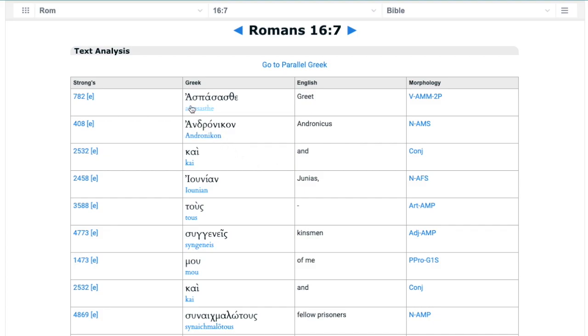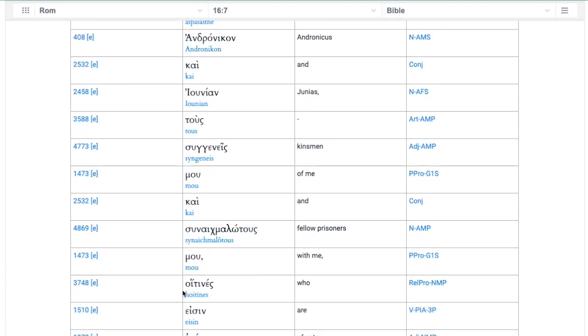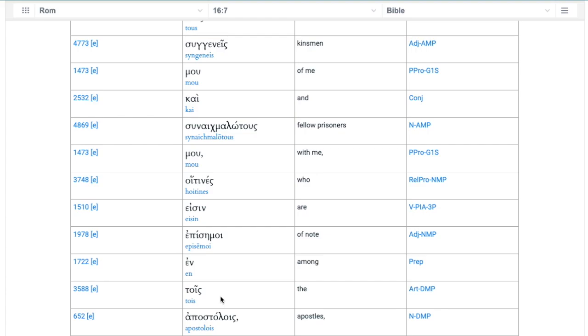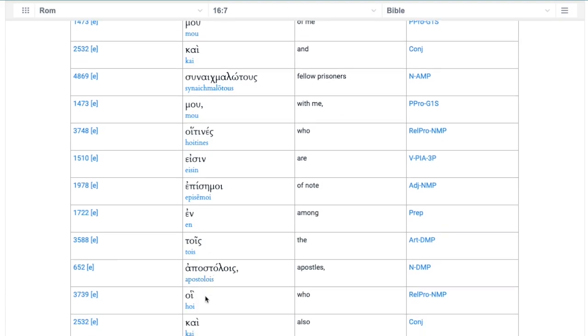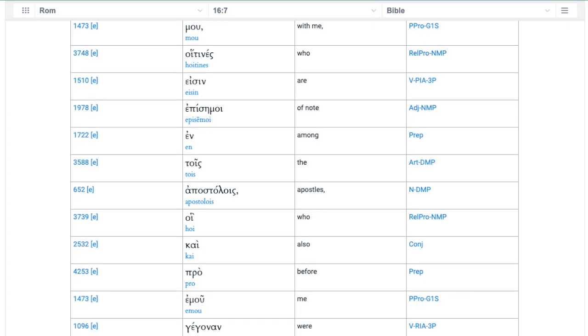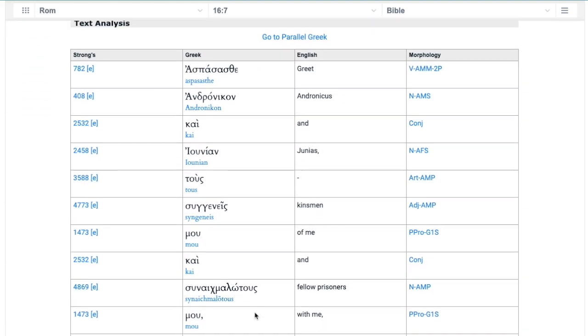It reads, Aspasasthe Andronikon kai Iounian tous syngeneis mou kai synaichmalotous mou, hoitines eisin episemoi en tois apostolois, hoi kai pro emou gegonan en Christo. Okay, a lot of Greek words there.